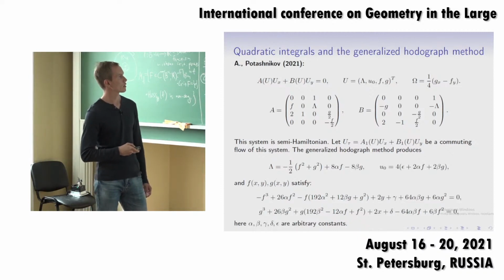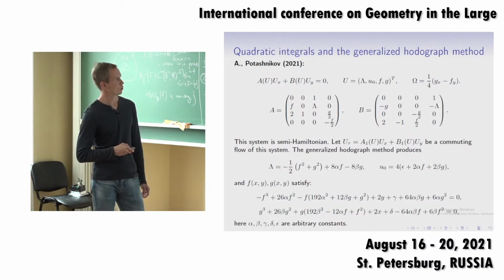So we construct certain symmetries of this system, and this method produces the following. f and g are two unknown functions which satisfy the following two equations, and alpha, beta, etc. are just arbitrary parameters here, and the metric has the following form.